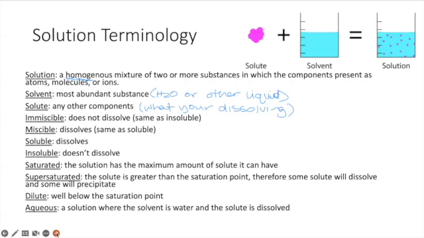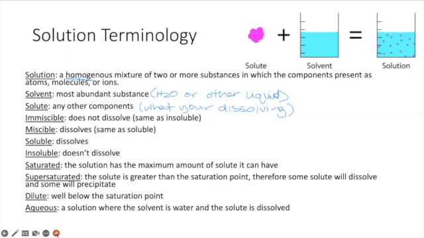Basically, we've maxed out the table salt to water ratio. The point right before the excess table salt stops dissolving is called saturated. So it's when the solution has the max amount of solute it can have.